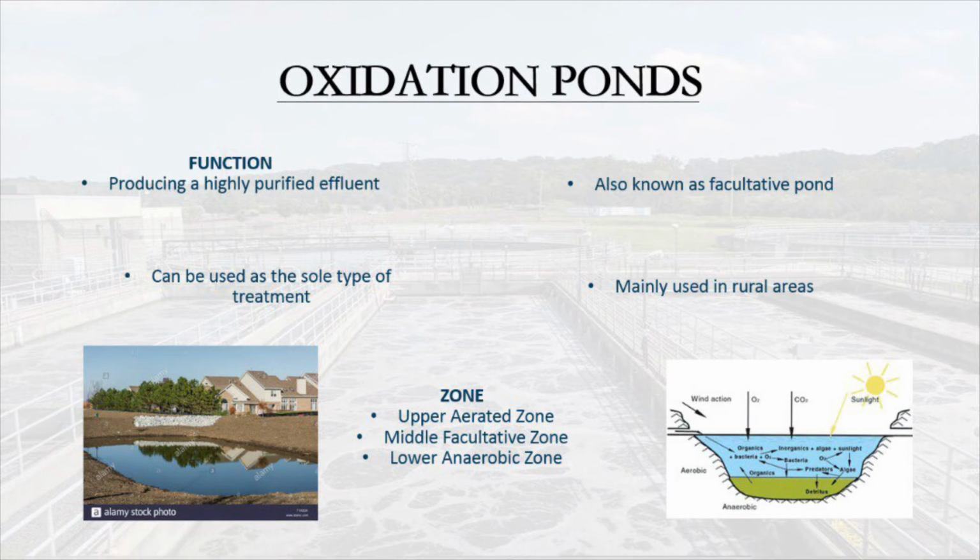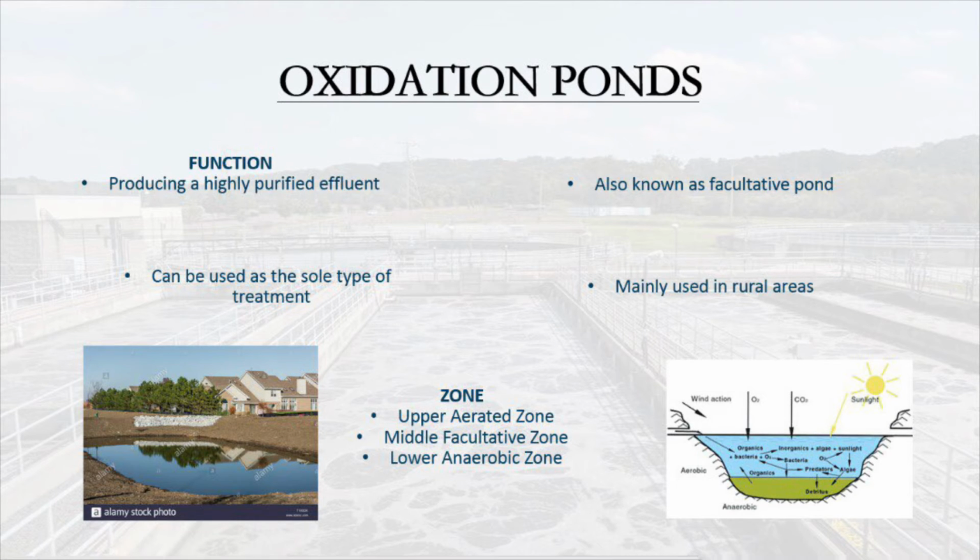Oxidation ponds or lagoons are a secondary wastewater treatment method mainly used in rural areas. Ponds can be used as the sole type of treatment, or they can be used in conjunction with other forms of wastewater treatment.